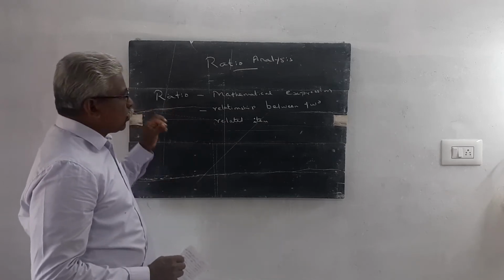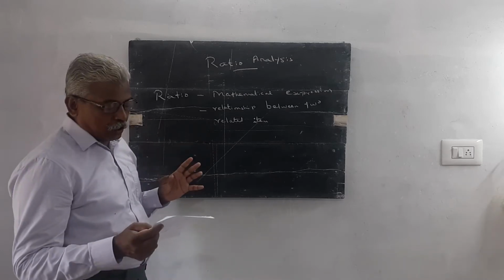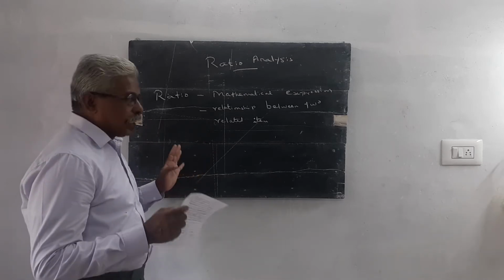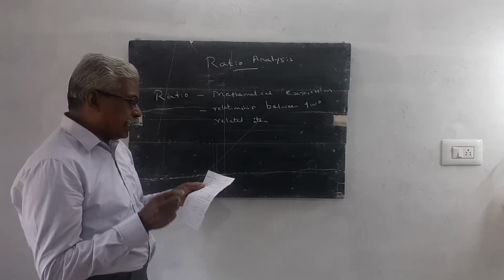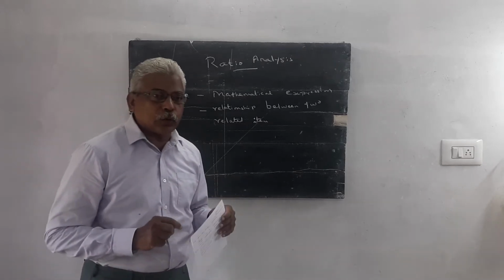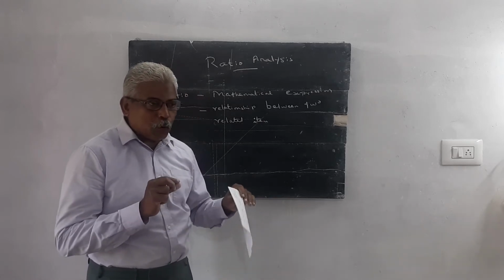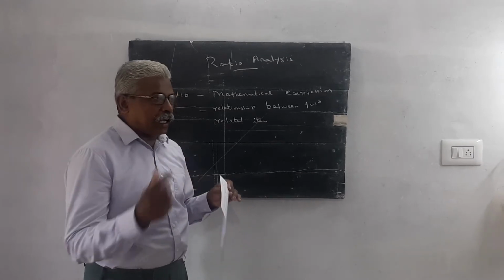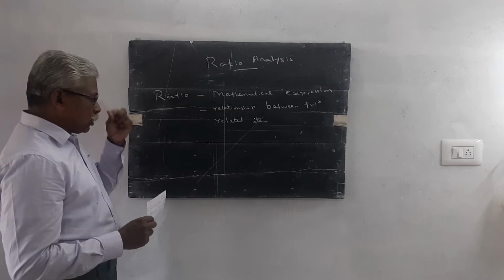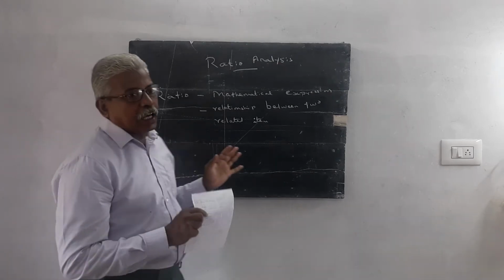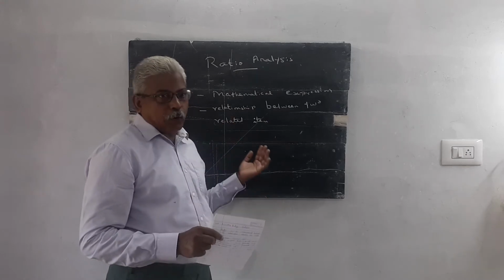In the ratio, we have to compare both the items. Current ratio is equal to current asset divided by current liability. So we have to compare both the items, assets and liabilities. We can compare this year's profit and previous year's profit.